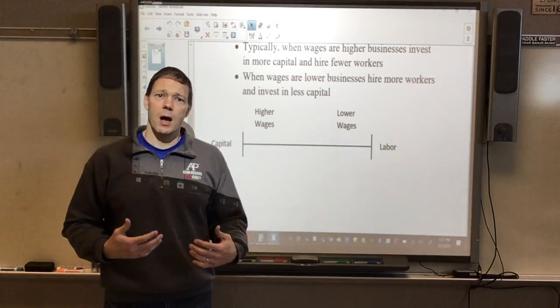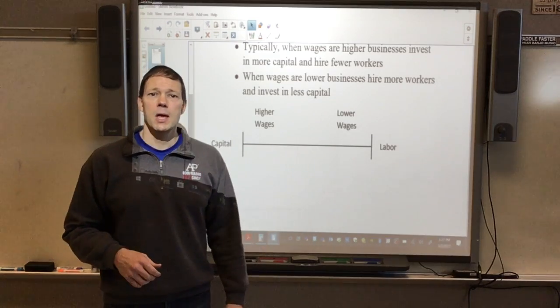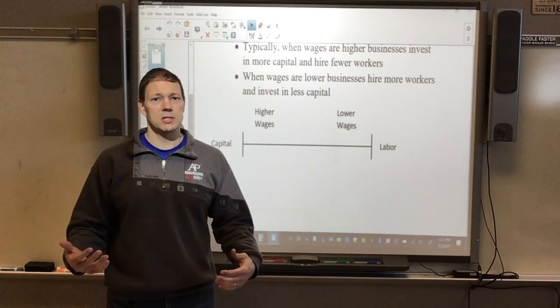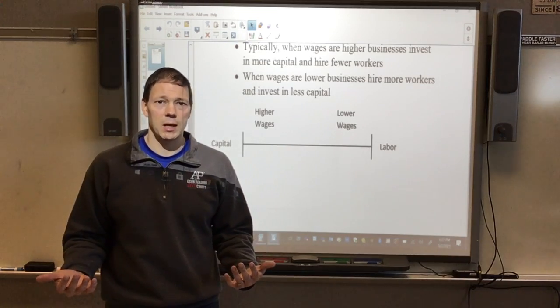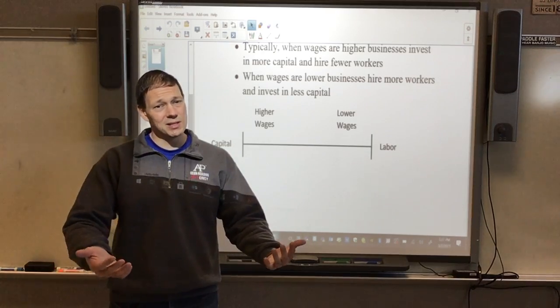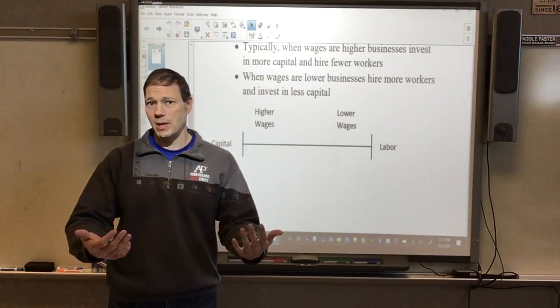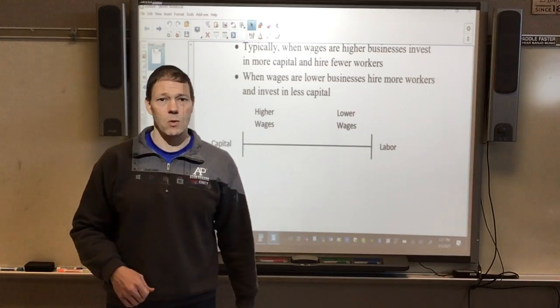Okay, so one of the arguments in regard to minimum wage, for example, is that we can raise wages and businesses still need workers, so of course businesses have to pay the higher wages. Well, not necessarily. Businesses can hire fewer people. Maybe they put in self-serve kiosks instead of having a person there taking orders.